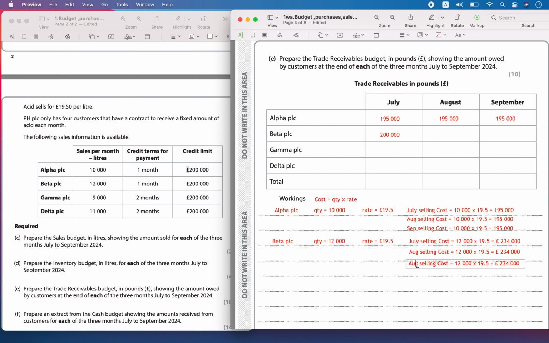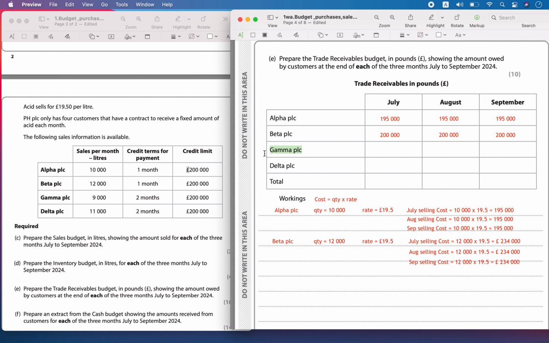But for each month the maximum is 200,000, so you will end up seeing only 200,000 in the books.